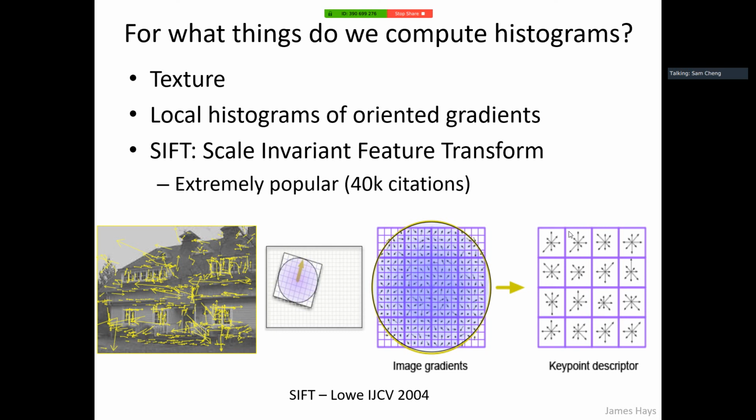What I mean is, for each histogram you have 8 bins, so you have 8 values for each histogram, and you have 16 histograms, therefore you have 128 values in total for the descriptor. So this is the overall basic idea. There are some tiny refinements there.